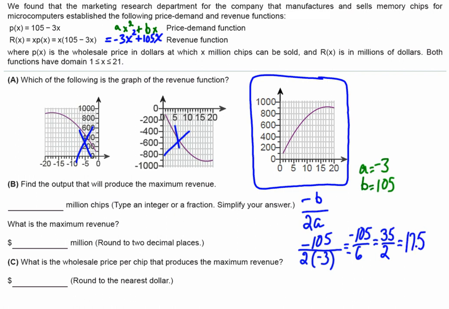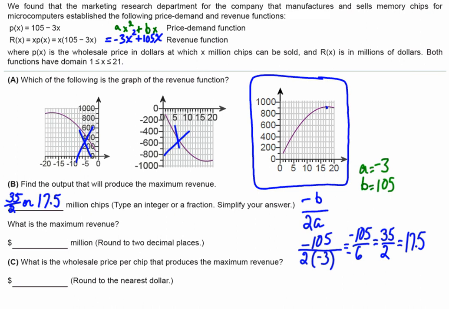And just to have a sneak preview, that would be 15, 16, 17 in the middle, and we would go up, and we have some idea, but we don't know what the exact value is. It looks like it's going to be somewhere around 900. So let's go ahead and put this 35 divided by 2, or 17.5 million chips.